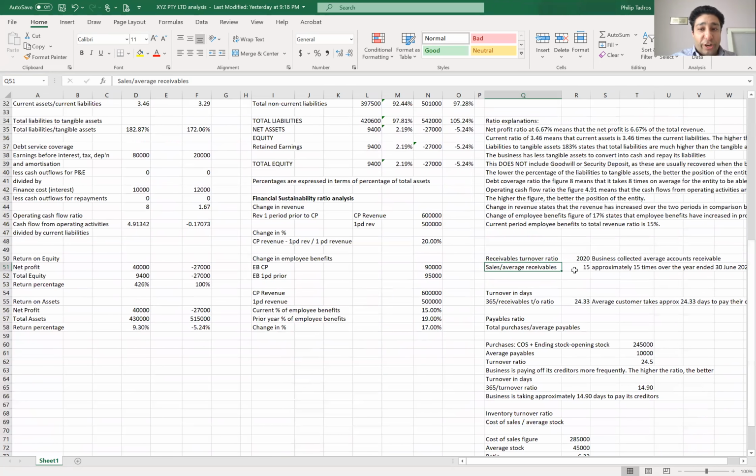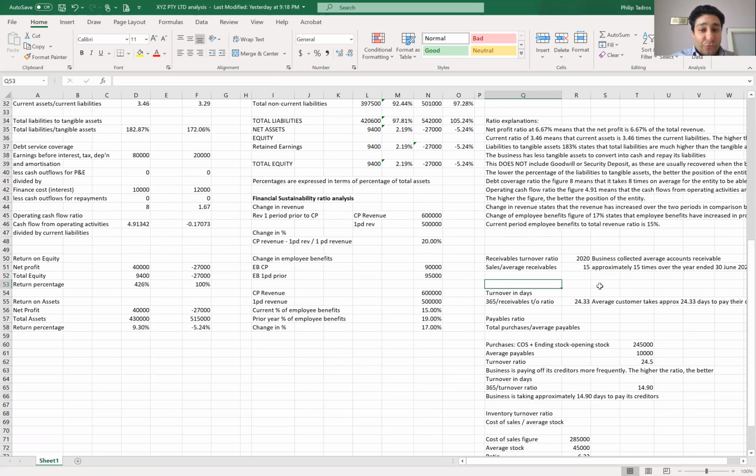So working out a receivables turnover ratio in 2020, total sales divided by average receivables is 15. So this means that the business collected average accounts receivable approximately 15 times over the year ended 30th of June 2020.